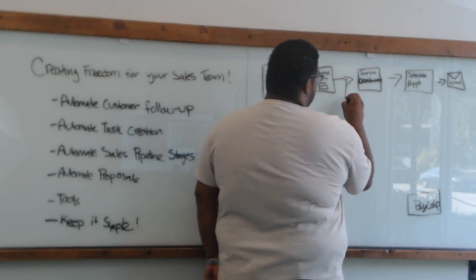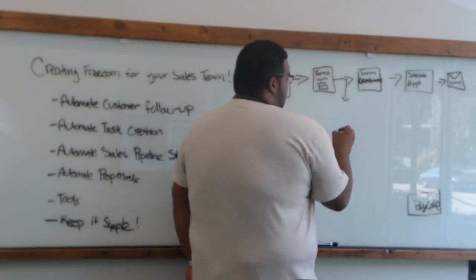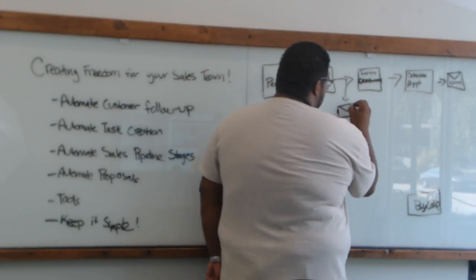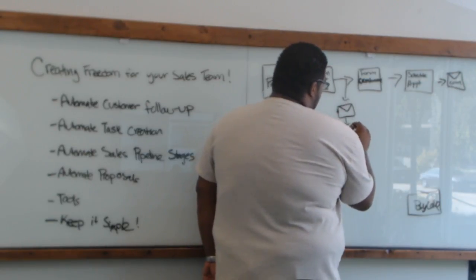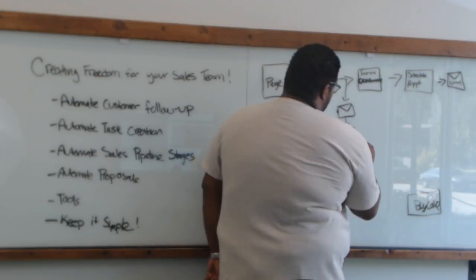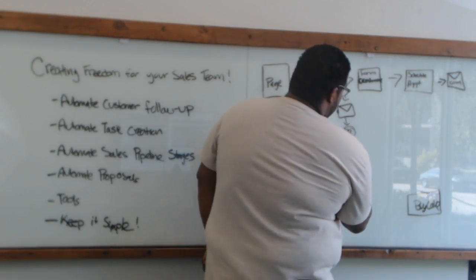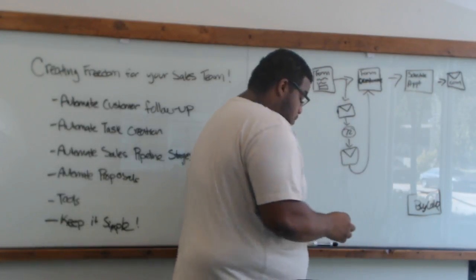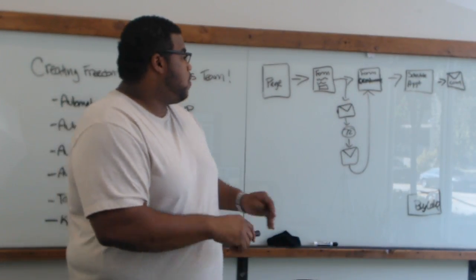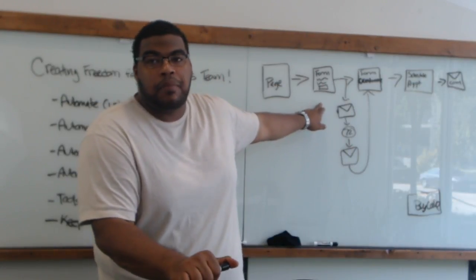So let's say they don't do this. What I may want to do is send them down here and then send them a series of emails, right? And the goal of these emails is to get them here. So these emails are saying, hey, we see that you were interested in a cake.